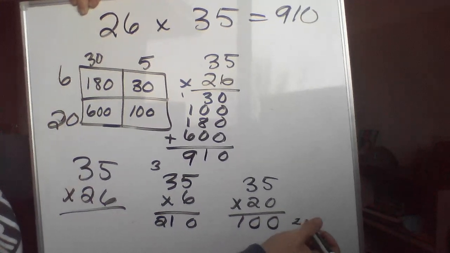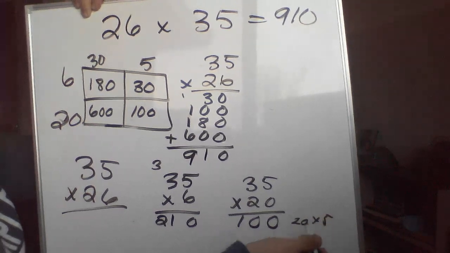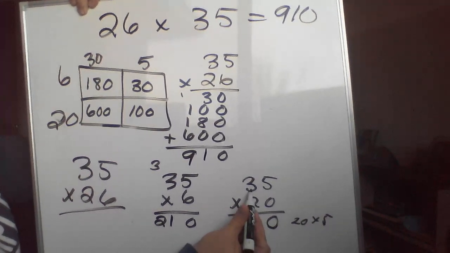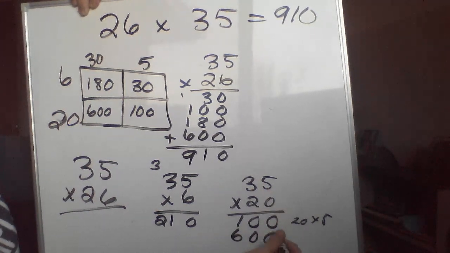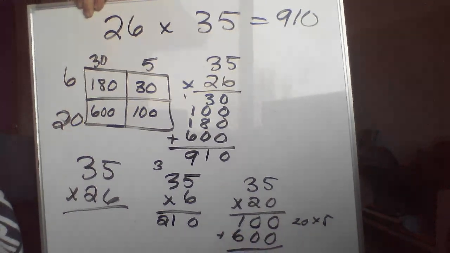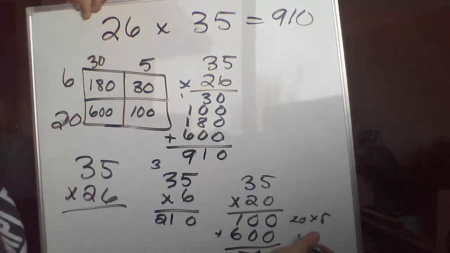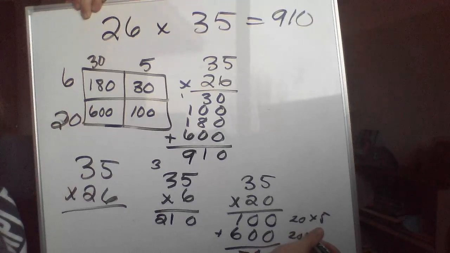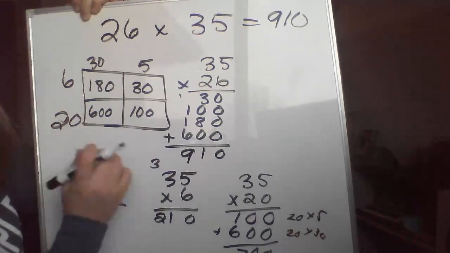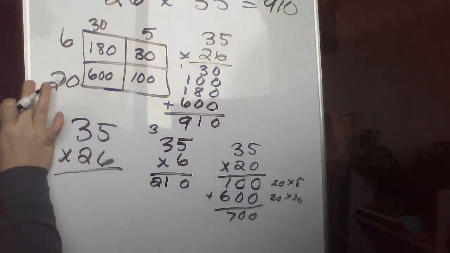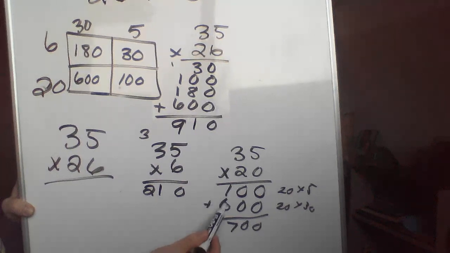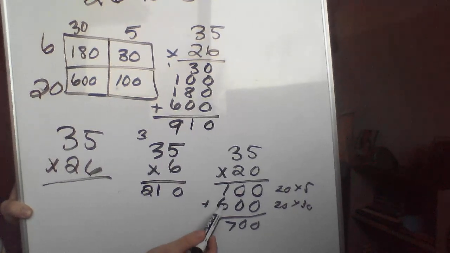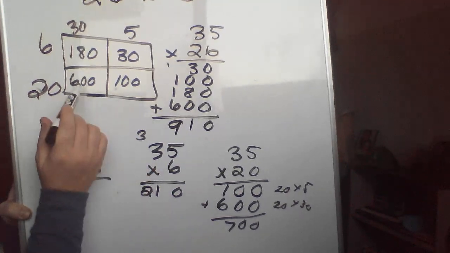Because we did 20 times 5. 2 times 30 is 6 plus 2 zeros gives me 600. So here we did our 20 times 30. So you can see here I have my 600 and my 100, to give me my 700.